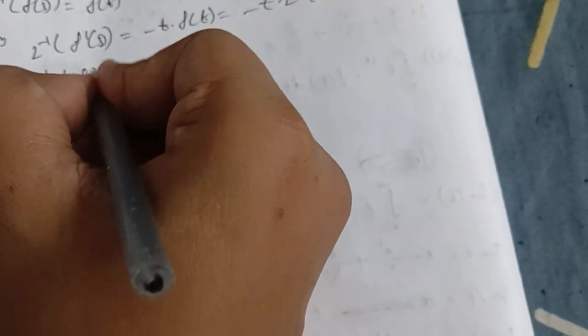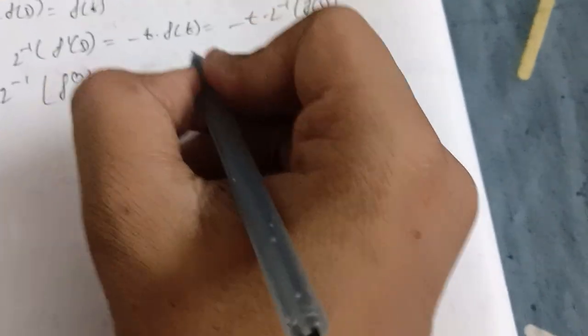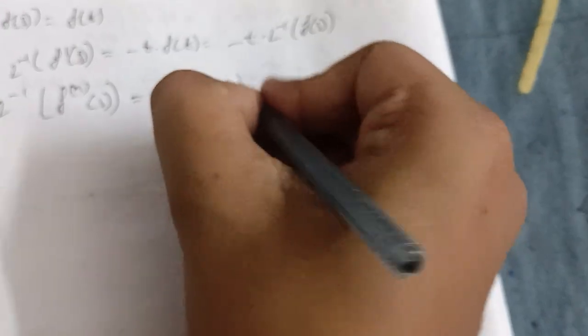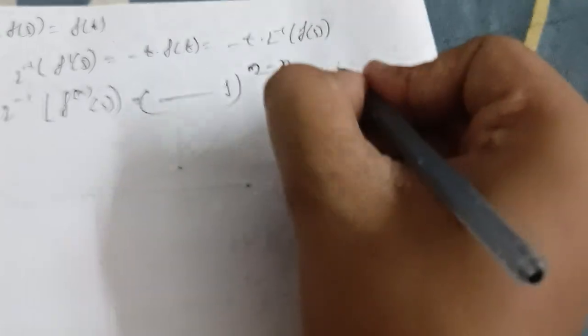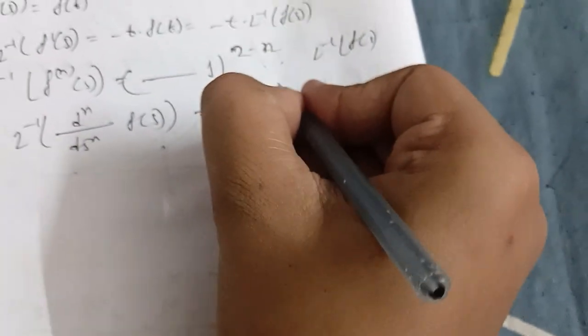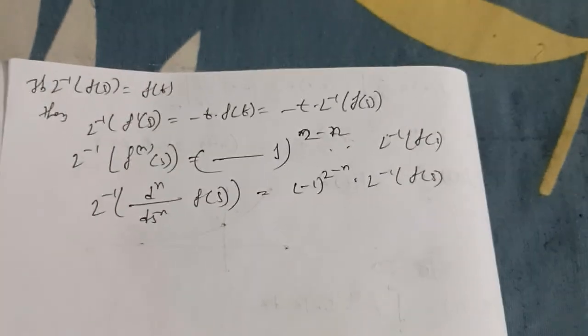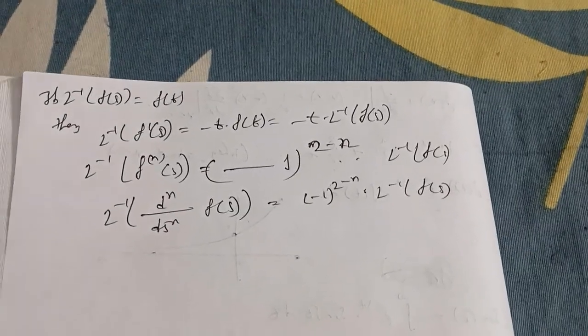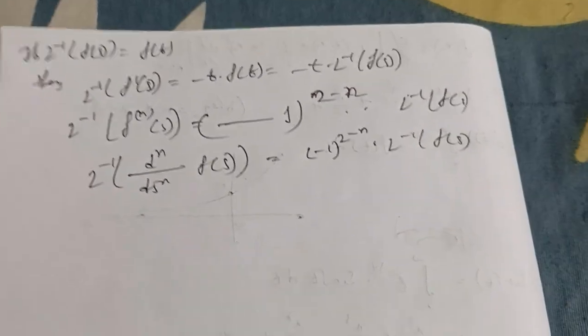Or Laplace inverse of the nth differentiation of F(s) is equal to minus 1 whole power n, dot Laplace inverse of F(s). Or Laplace inverse of dn by dsn of F(s) is the same, is equal to minus 1 whole power n dot Laplace inverse of F(s). This is the formula. Although only the first one, Laplace inverse of F dash s, is required.